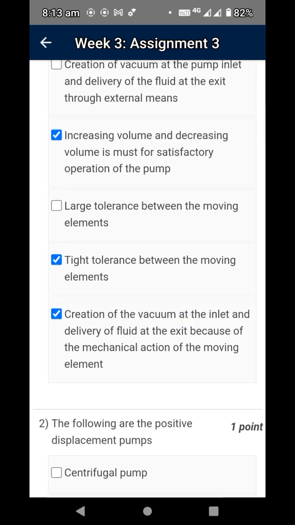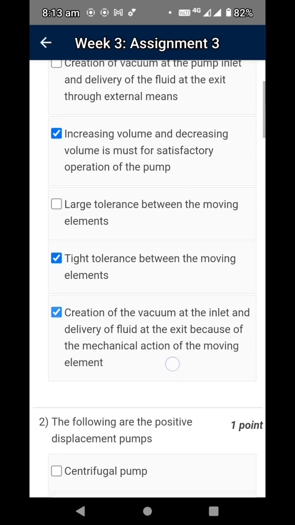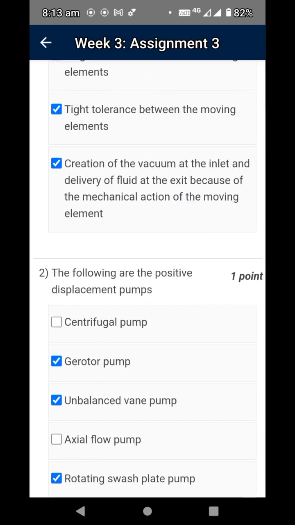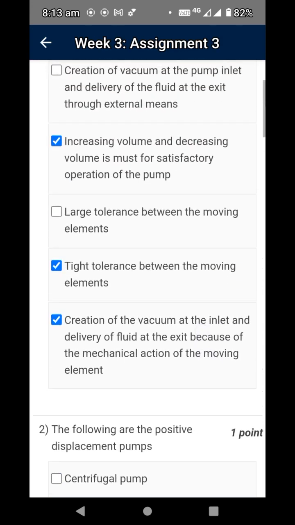So check out option number 5, creation of the vacuum at the inlet and delivery of the fluid at the exit, because of the mechanical action of the moving element. This one is correct because we are using a mechanical element, the gears, as the moving element.